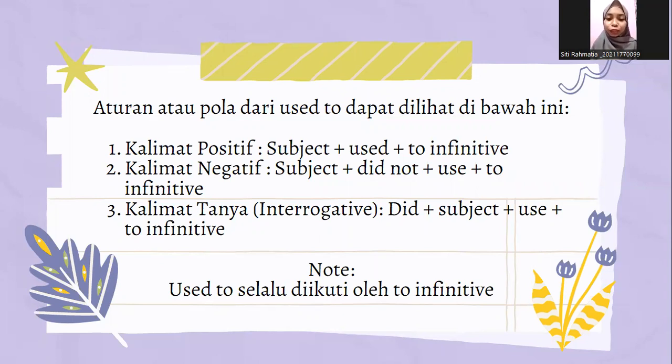We can use subject plus did not plus use plus to infinitive. Then in the interrogative sentences, we have did plus subject plus use plus to infinitive. To note, use is always followed by to infinitive.